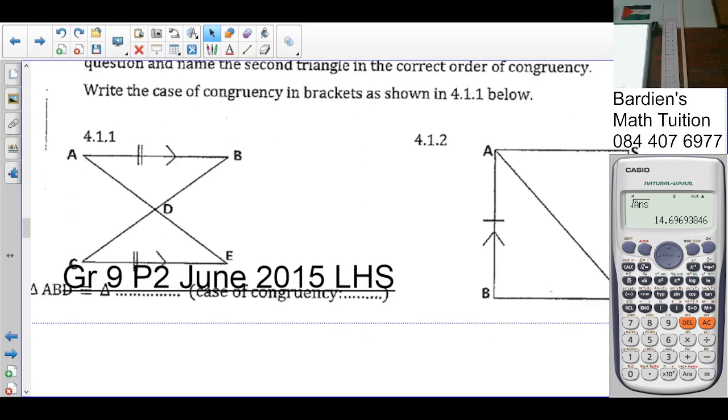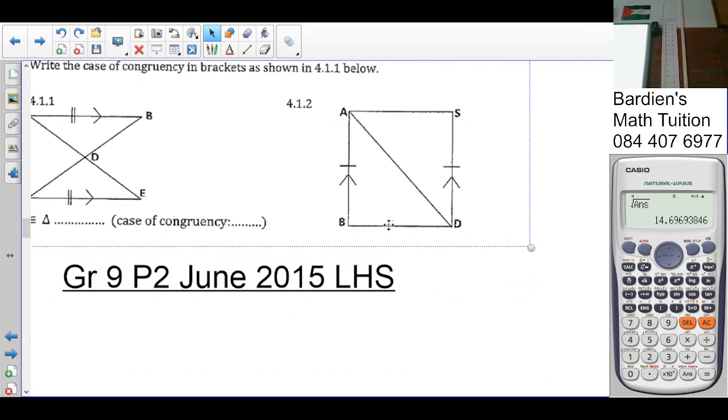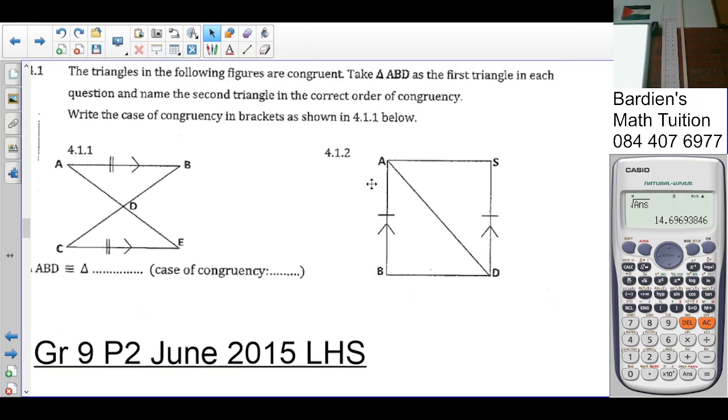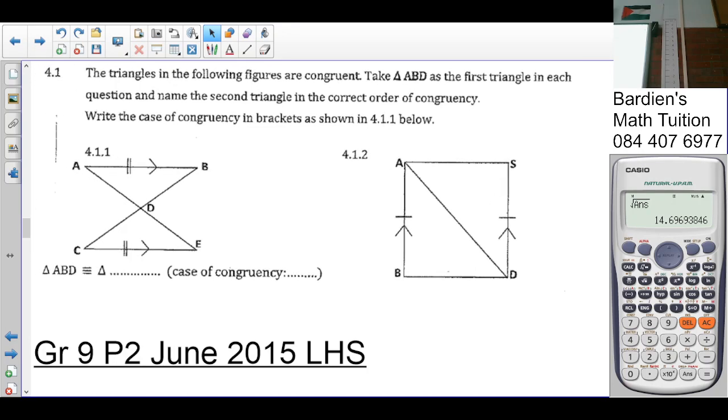Next question. We are told that the triangles in the following figures are congruent. Take triangle ABD as the first triangle in each question and name the second triangle in the order of congruency. Write the case of congruency in brackets as shown in 4.1.1. Okay, so triangle ABD is congruent to triangle... So angle A is equal to which angle?